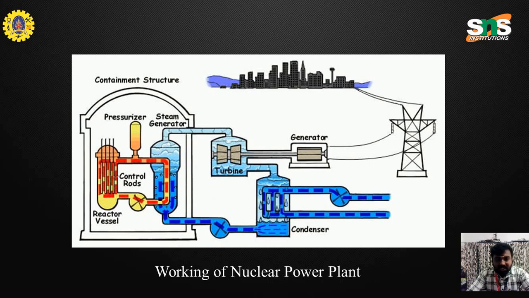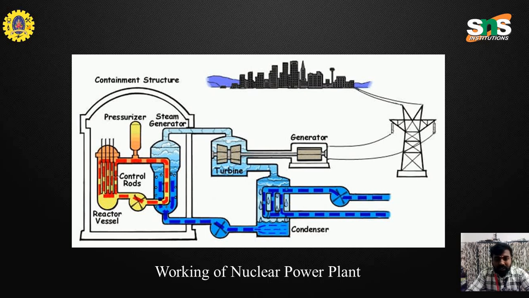In the steam generator, there are two passages. One passage carries the hot coolant from the nuclear reactor. The other passage carries the water necessary for steam generation. The heat energy absorbed from the nuclear reactor heats the water and steam is produced. The steam is then sent to the steam turbine.